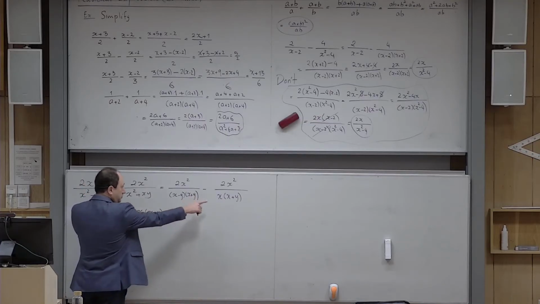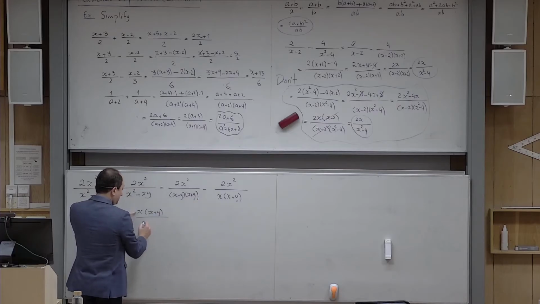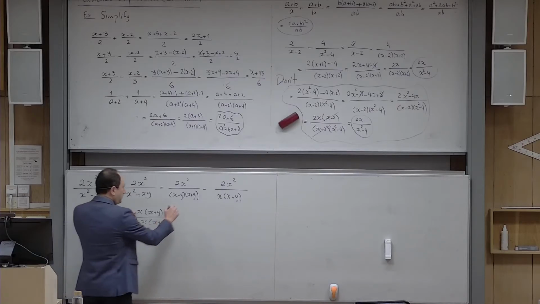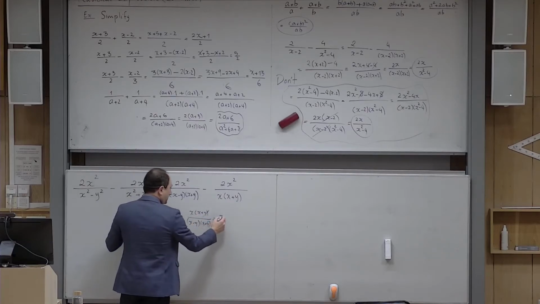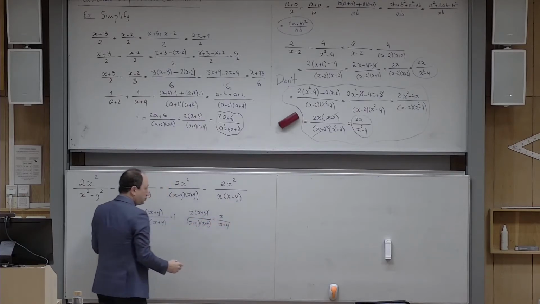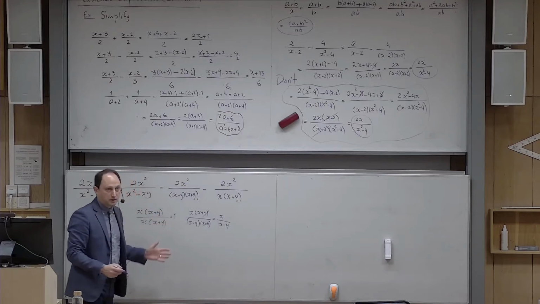This is divisible by that. Why? Because if I divide this proposed answer by that, it becomes 1. That's right. But if I divide your suggestion by the denominator of the first one, I agree that these two are cancelled, but I will be left with a fraction again. You shouldn't be left with a fraction.